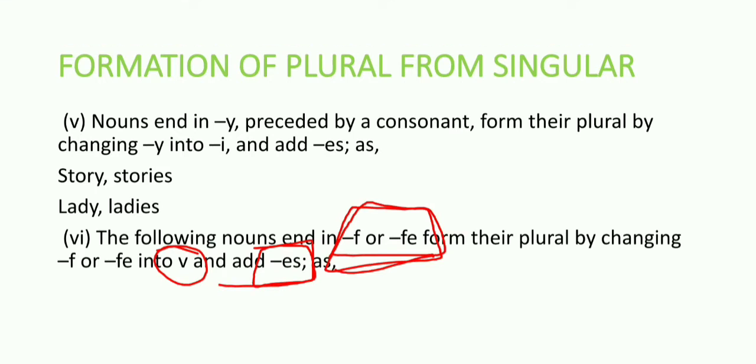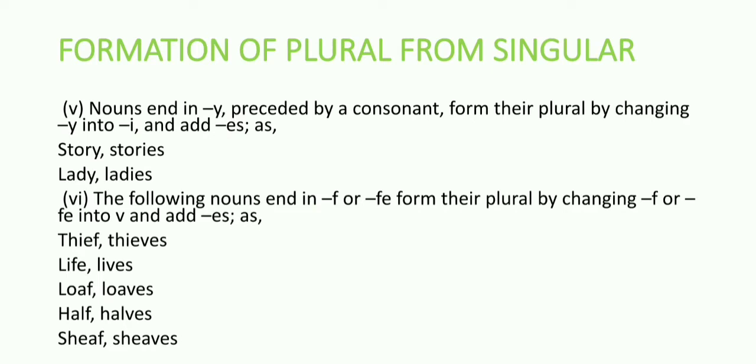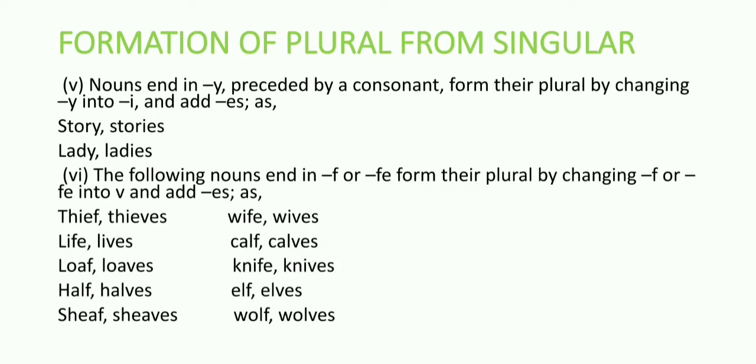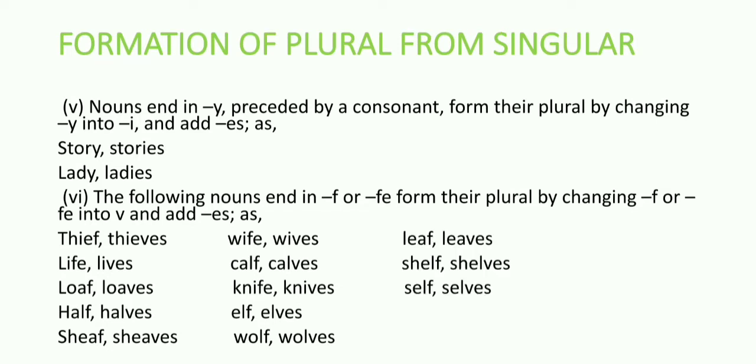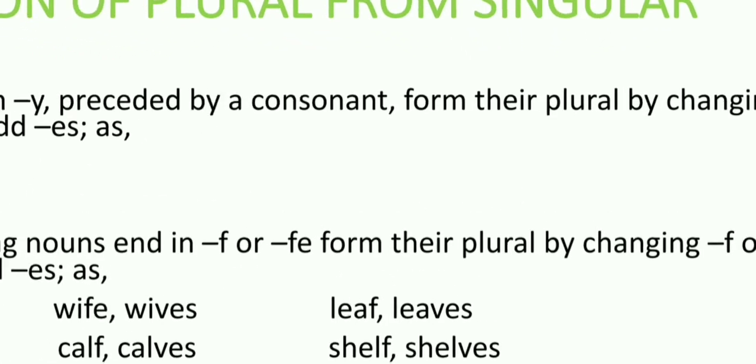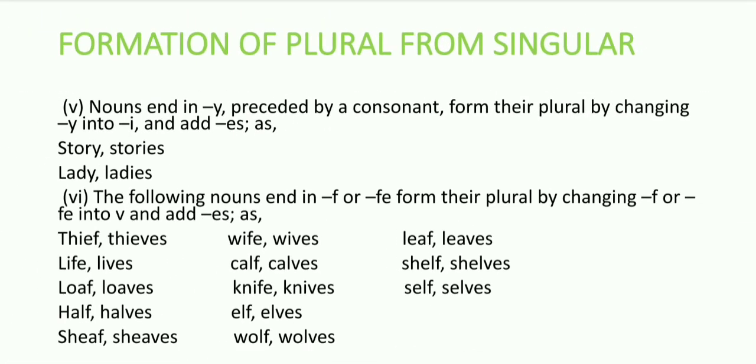So keep in mind, here we have thief to thieves, life to lives, loaf to loaves, half to halves, chef to chefs, and further we have wife to wives, calf to calves, knife to knives, elf to elves, wolf to wolves, and further we have leaf to leaves, shelf to shelves, and self to selves.